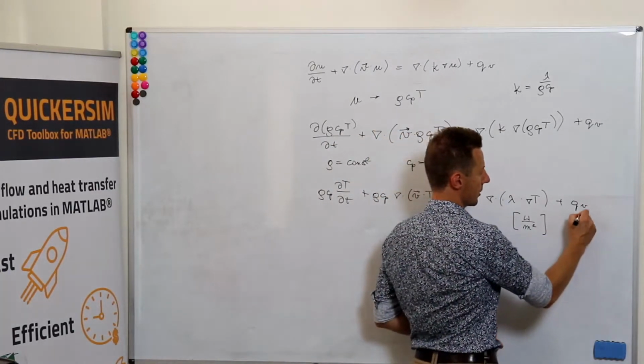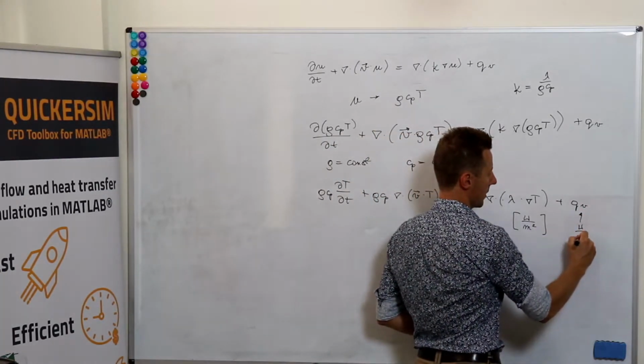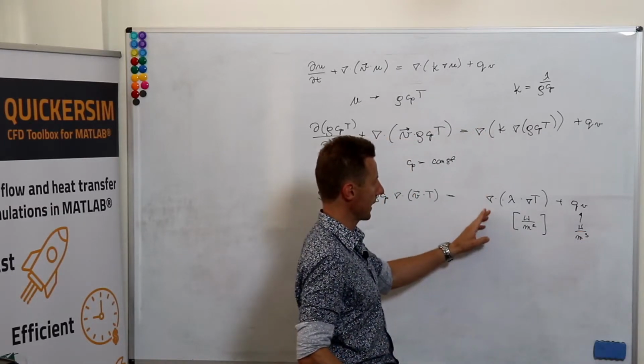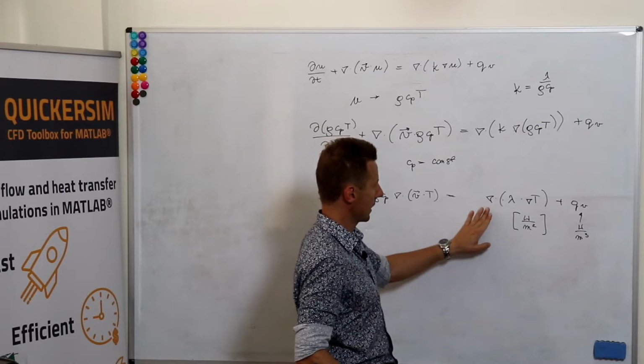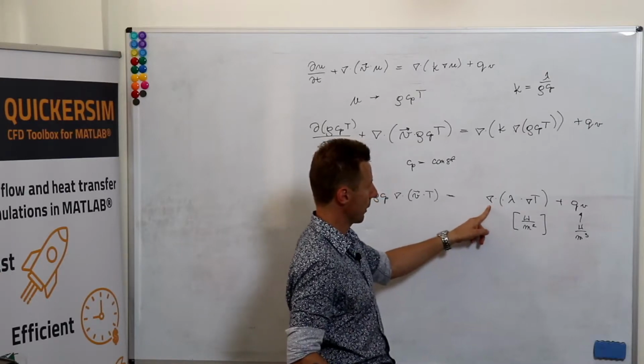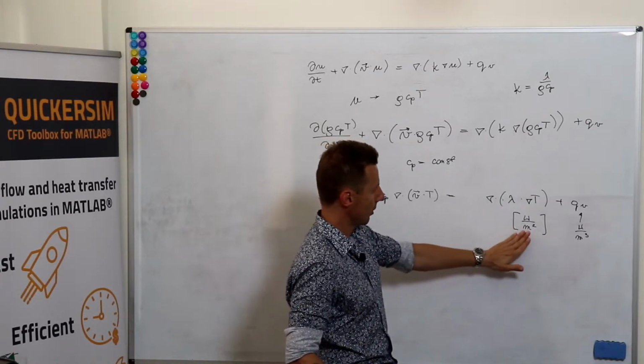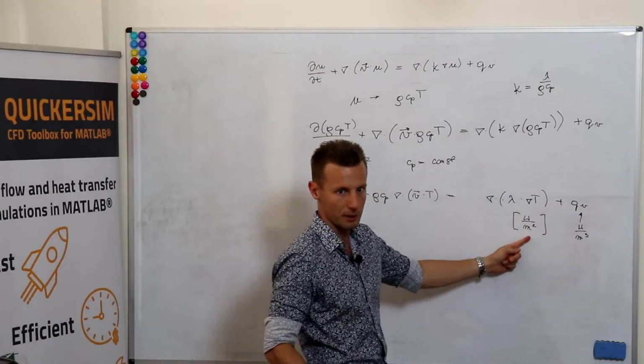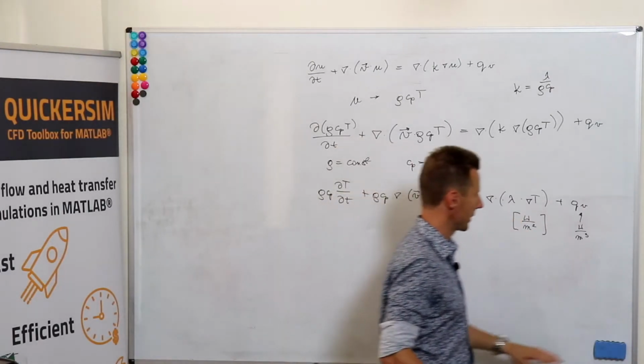Instead, in turn, this one is divided by the cubic meters, and we see that taking the derivative with respect to space from the flux, we add one more meter in the denominator, so the dimensions are fine.